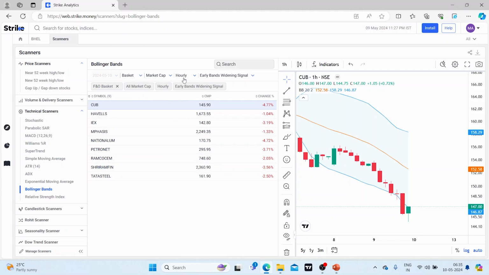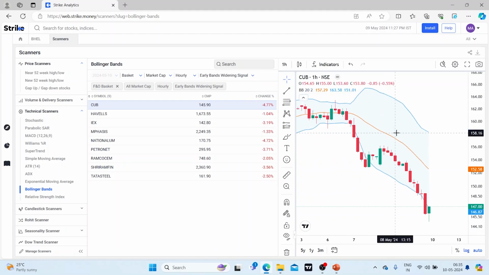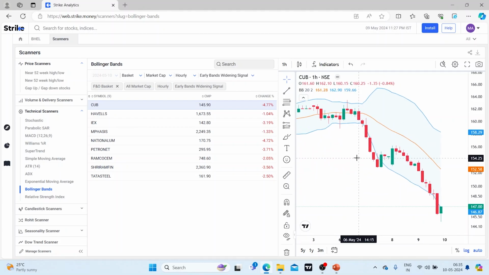We will use only hourly charts and the scanner early bands widening signal. This scanner will throw a list of stocks where at that point of time on an hourly chart the bands have started expanding. Like here in this CUB, the band has started expanding.